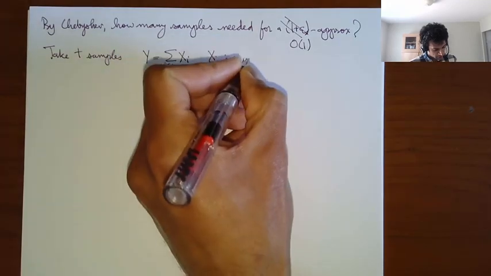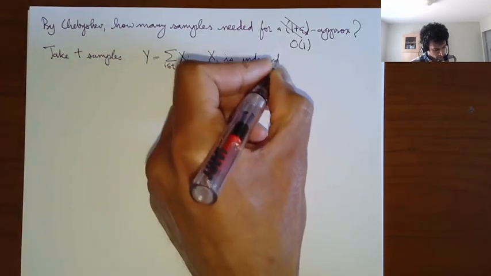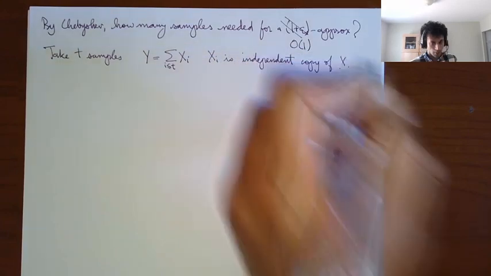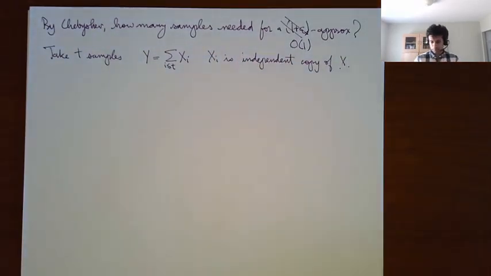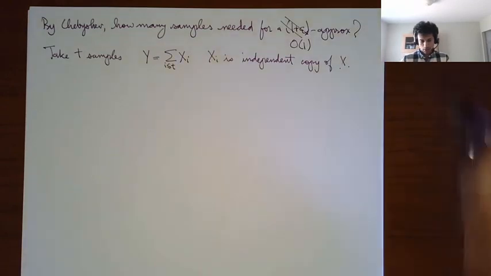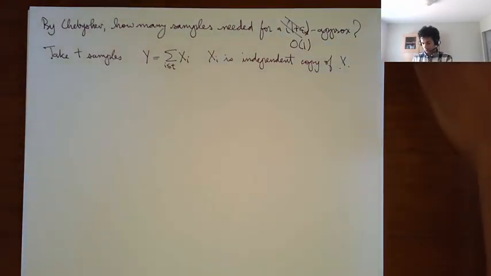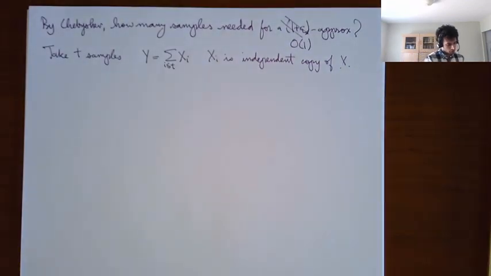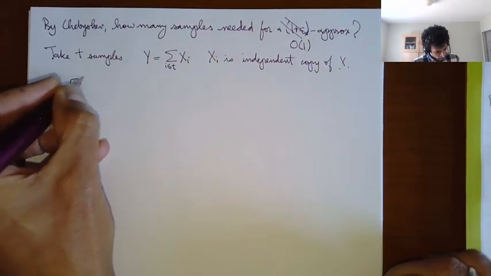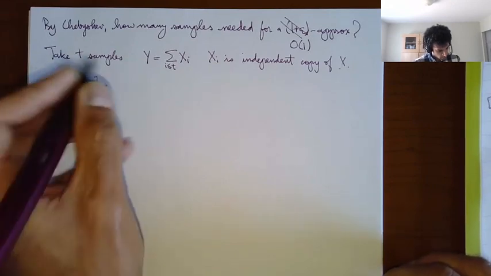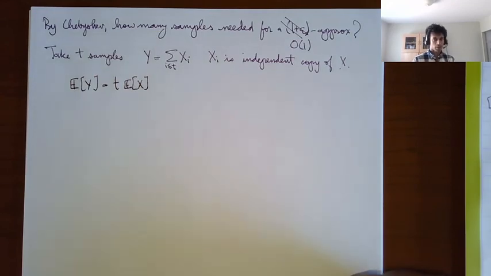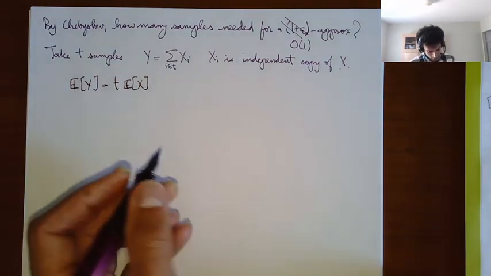So xi is an independent copy of X. The expectation of Y is T times the expectation of X. That's just linearity of expectation.